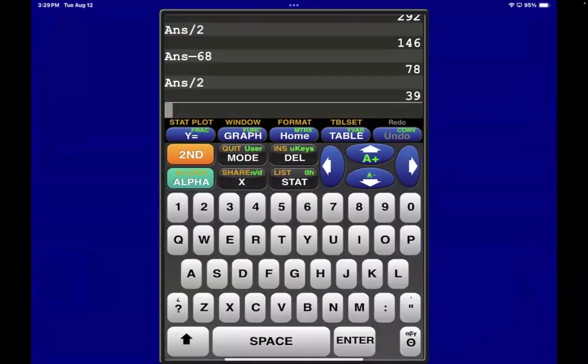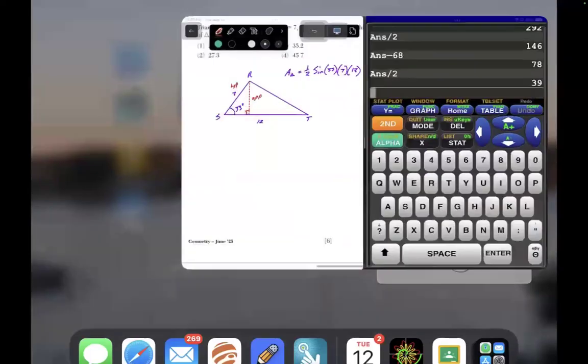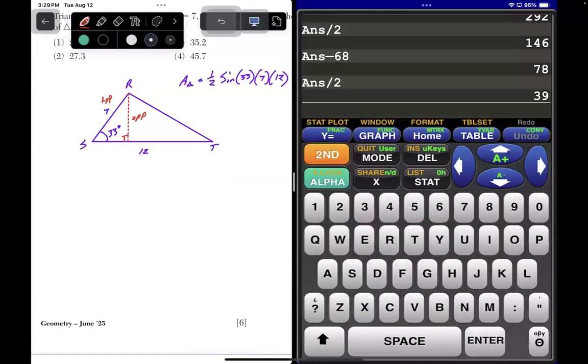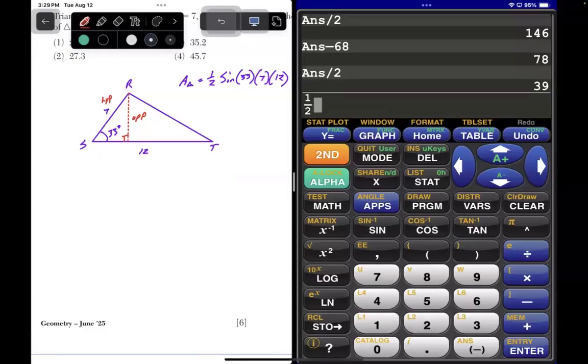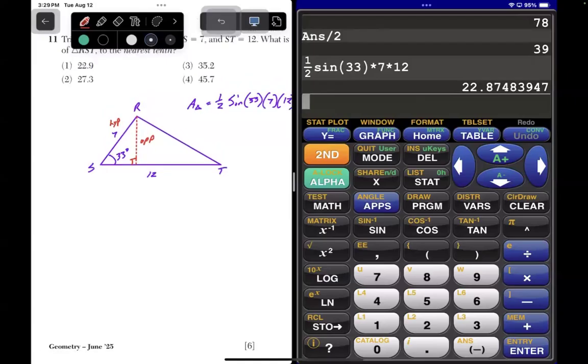So what is, okay, so 1/2 sine 33 times 7 times 12. 22.9.